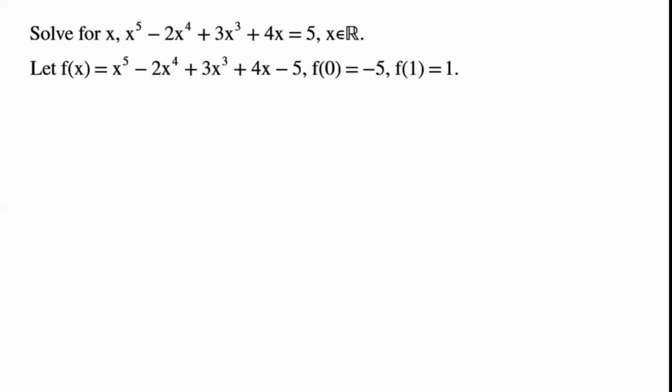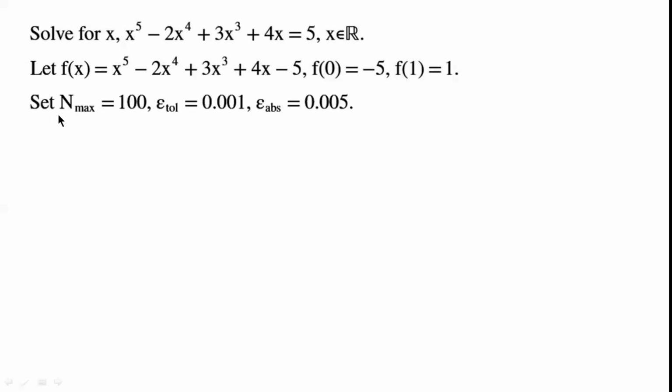We let f of x equal x to the power of 5 minus 2x to the power of 4 plus 3x cubed plus 4x minus 5. f of 0 equals minus 5. f of 1 equals 1.